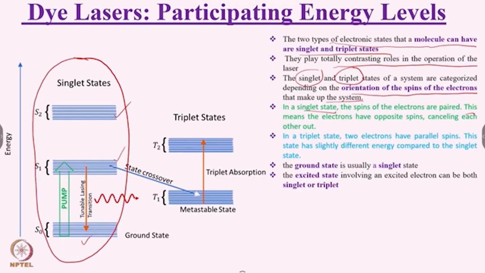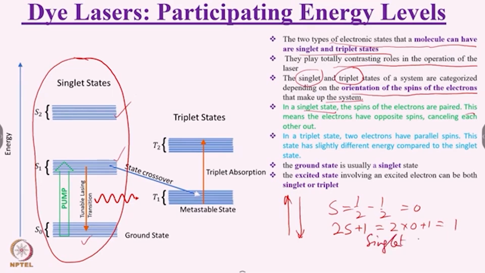This means that the electrons have opposite spins so that they cancel each other out. Therefore, the total spin now will be half minus half, 0. So the degeneracy of the level, which is expressed as 2s plus 1, therefore will be 2 into 0 plus 1 equal to 1. That is why this level is termed as a singlet energy state.